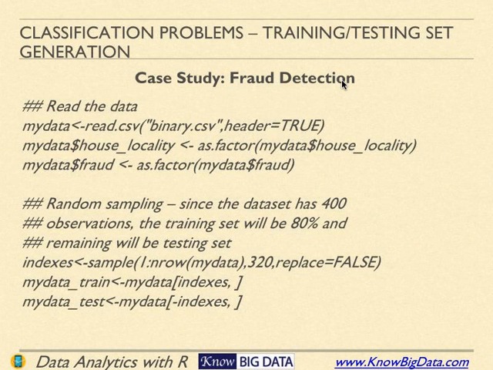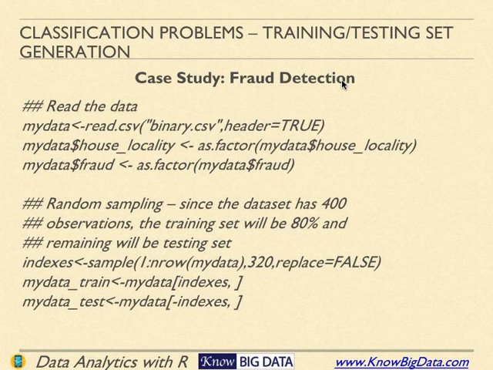All right. So let's take this case where we have a binary.csv. It has house locality and fraud. Now we want to figure out a relationship between house locality and the fraud. Here what we have done is we have sampled a number of records and picked up some records from that.